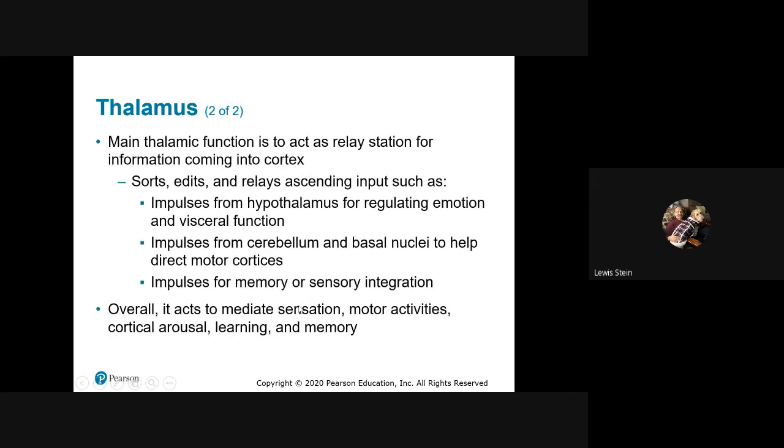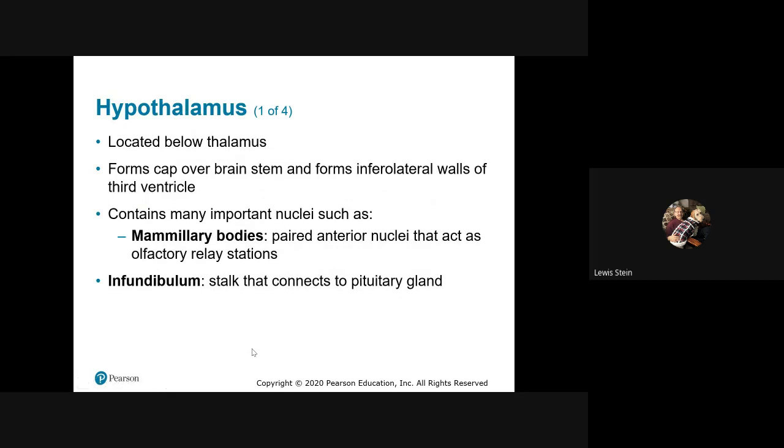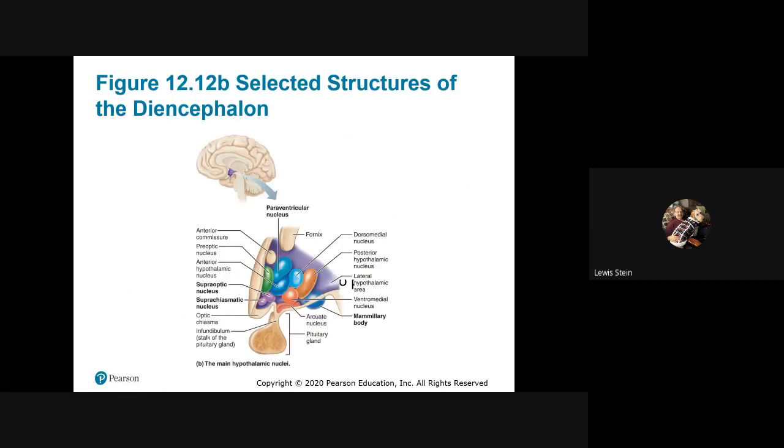When they talk about cortical arousal, it's being awake or alert. Learning and memory are all parts. It's really vital. The hypothalamus has the mammillary bodies. They relay smell. They play a very important role in our emotions. Smell really triggers an emotion. The infundibulum is a little stalk that comes down from the hypothalamus, and the pituitary gland attaches to it.